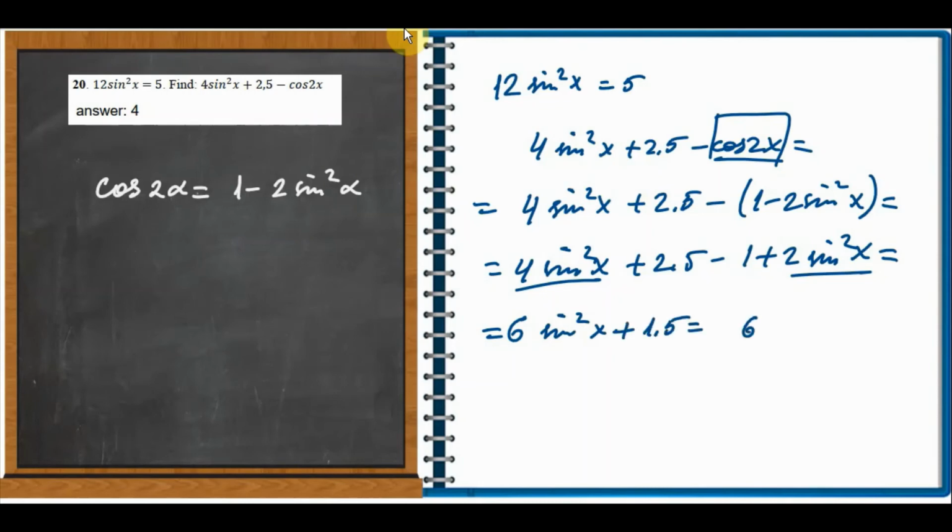Now we know that 12 sine squared x is 5. From here we will say that 6 sine squared x is equal to 2.5. Now, instead of this, we will write 2.5 plus 1.5. The answer will be 4.